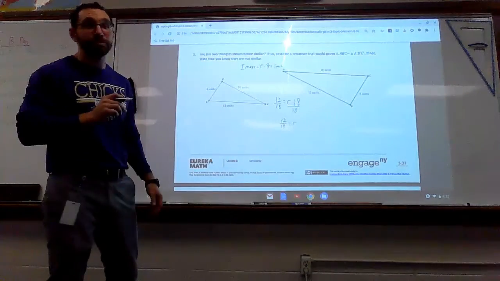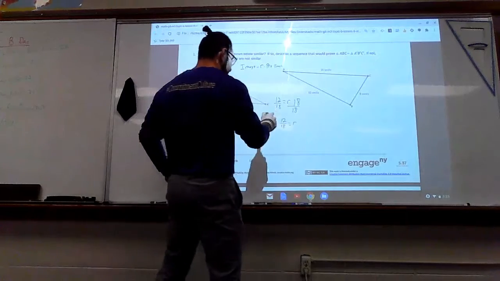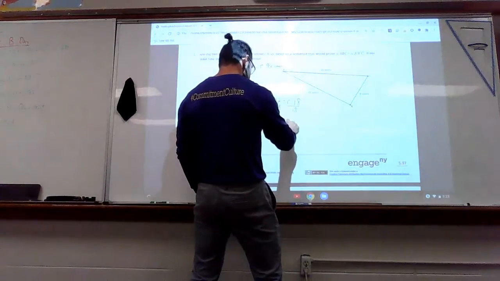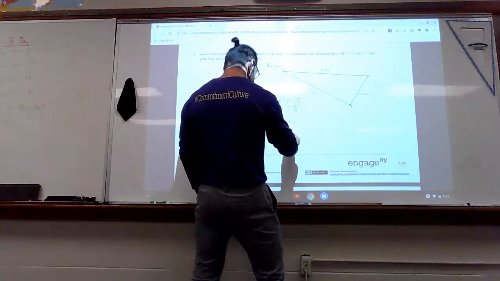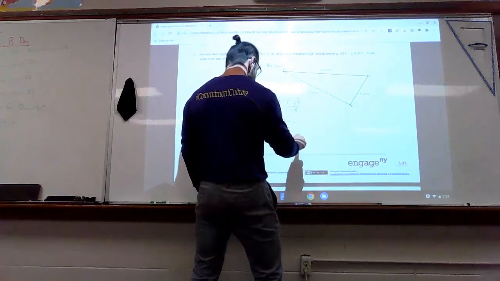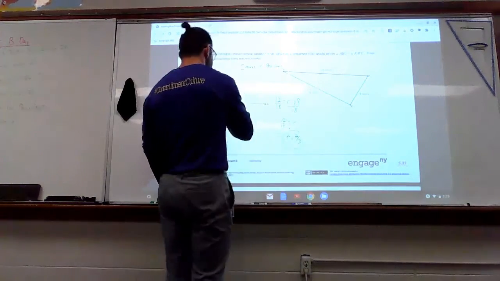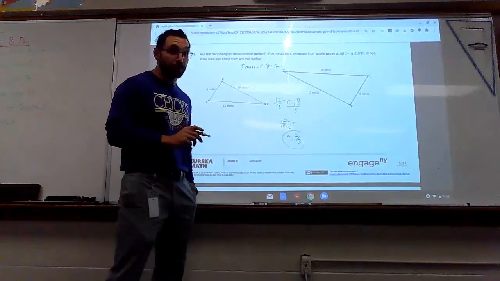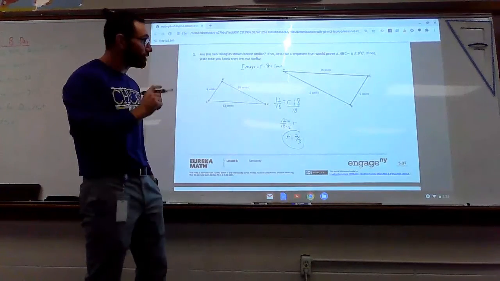Absolutely not. We need to simplify the fraction. I know that 6 goes into both. So I divide both by 6. R gives me 2/3. Well, what is that for? That's only for AC. So for AC, it's 2/3. We need to check all of the sides.